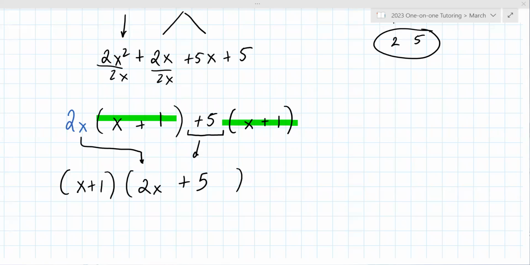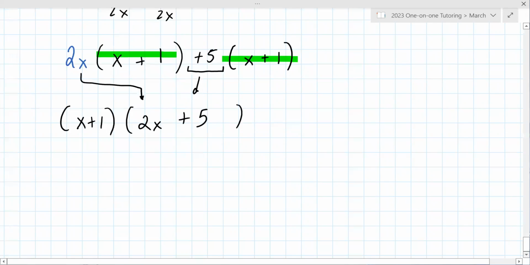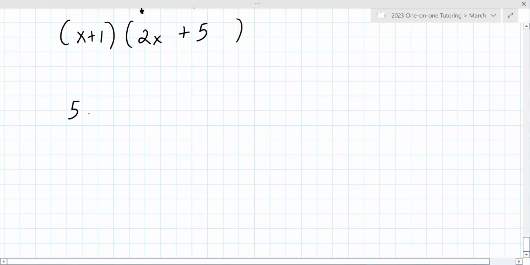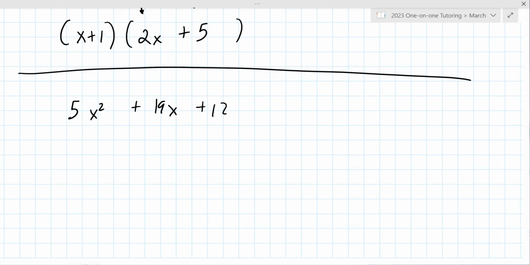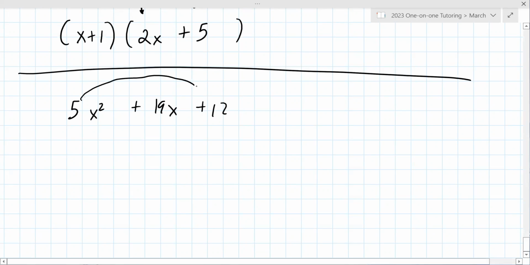Just found a good worksheet on this. So let's do another one here. 5x squared plus 19x plus 12. And what's the first step you do? You take the leading coefficient and multiply it by the last.